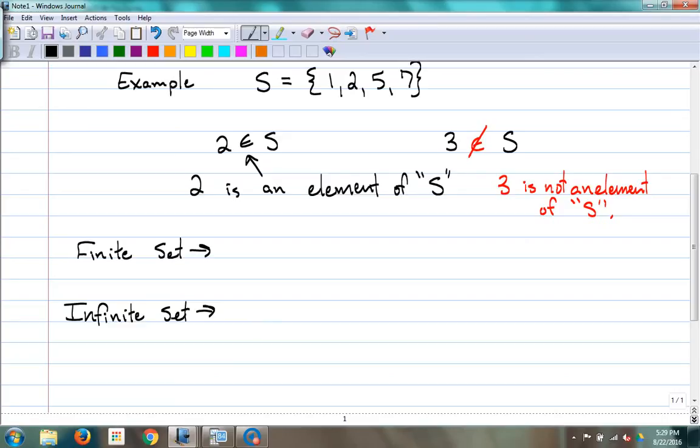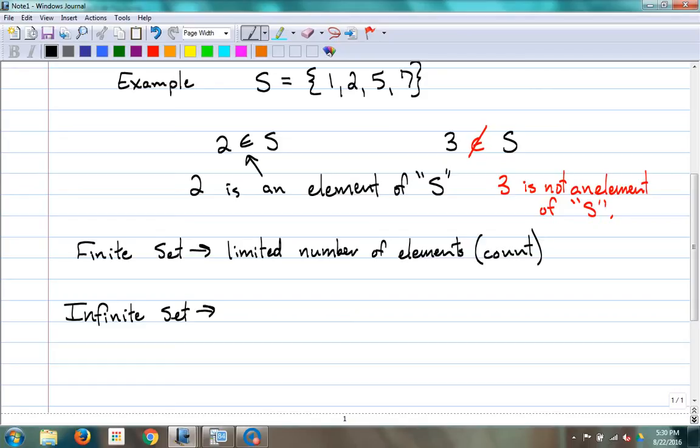A finite set has a limited number of elements. You could count how many are in there. That's kind of what I think about finite. Finite means you can count them. There's only a certain number of them in there. It's a finite number, meaning it's countable. You can say there's only these that are in there. It's got a stopping point.